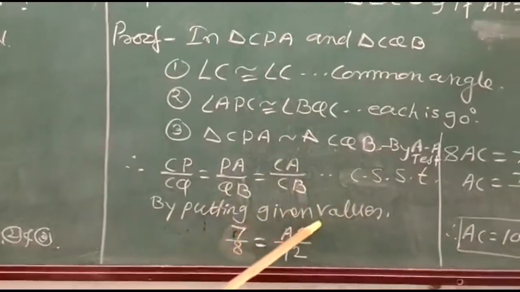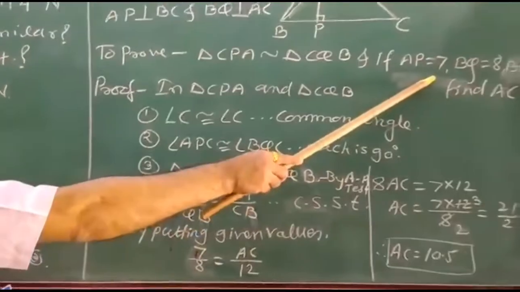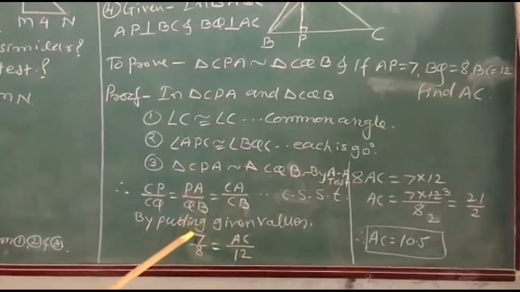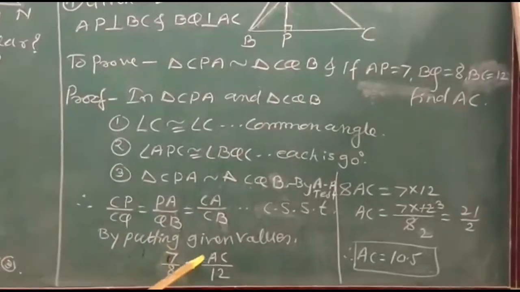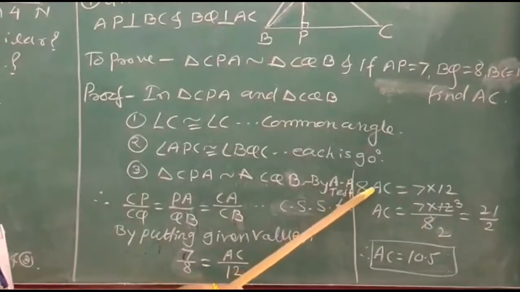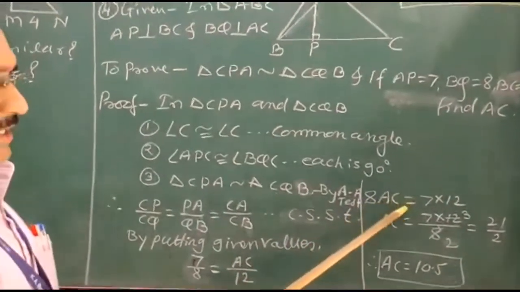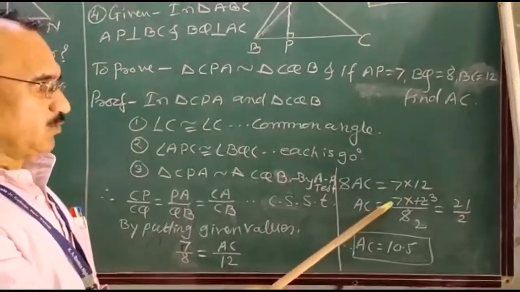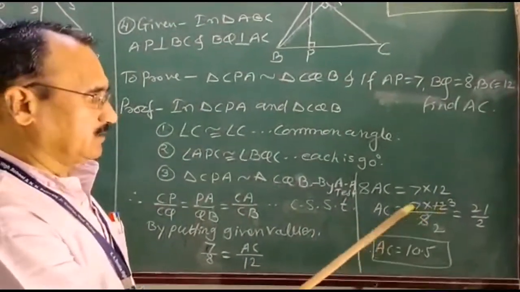By putting the given values in this ratio, 7 upon 8 is equal to AC upon 12. After cross multiplication, 8 into AC is equal to 7 into 12. AC is equal to 7 into 12 upon 8.